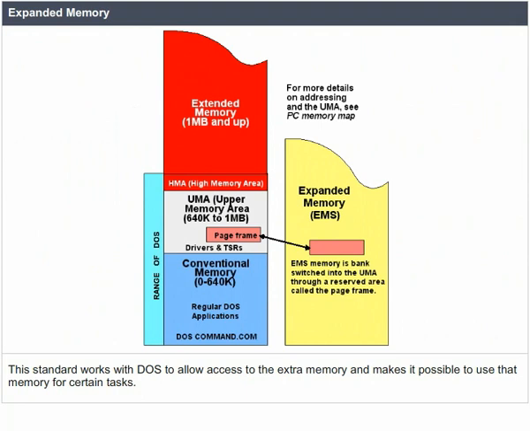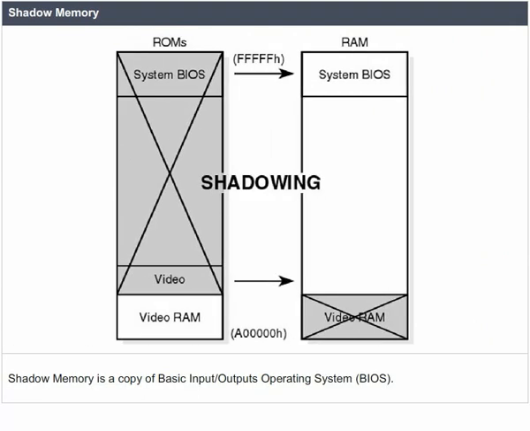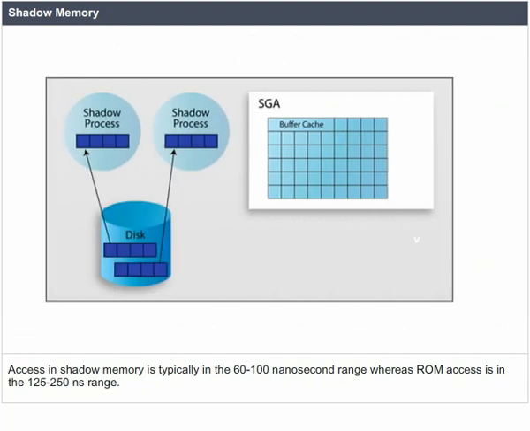Shadow memory. Shadow memory is a copy of the Basic Input-Output System (BIOS). It is essentially a duplication of the routines inherent in the BIOS of a computer system. Access in shadow memory is typically in the 60 to 100 nanosecond range, whereas ROM access is in the 125 to 250 ns range.